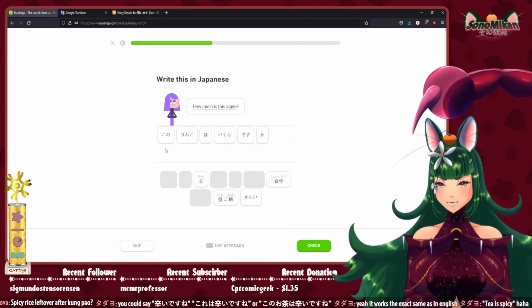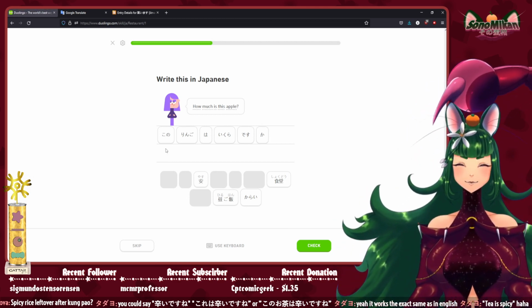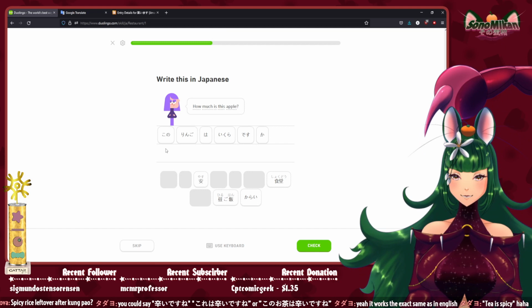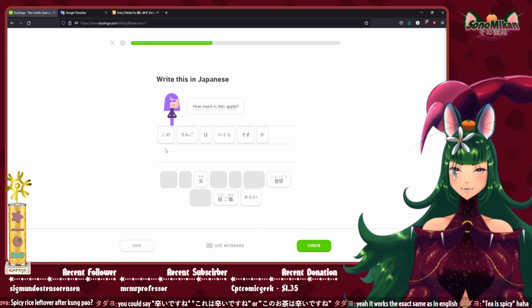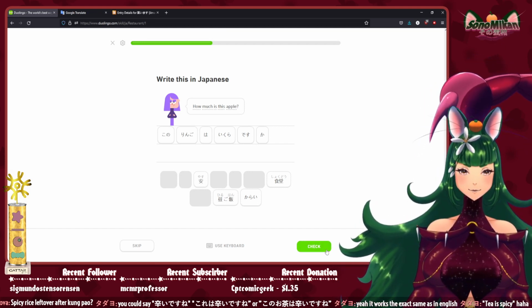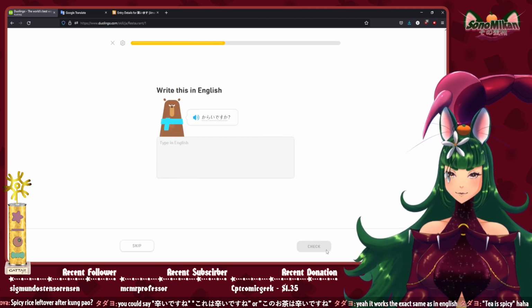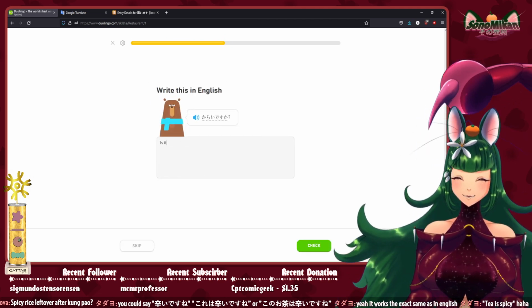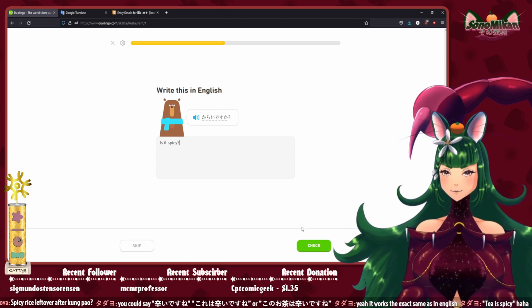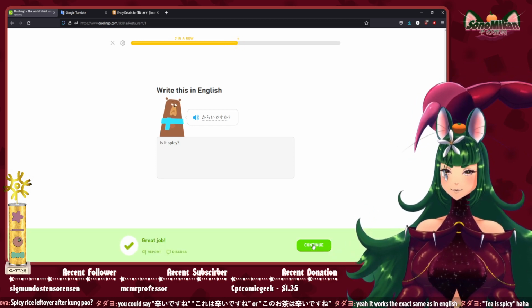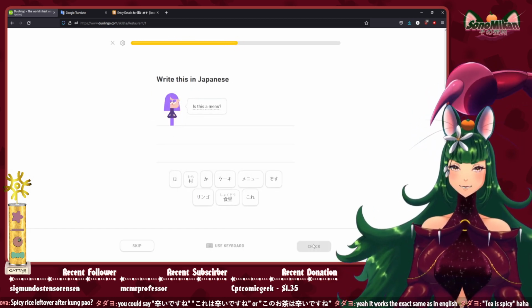This apple, so it's gotta be kono ringo wa. It's like, these apples right here in this store, how much are they? Karai desu ka? Is it spicy? Okay.